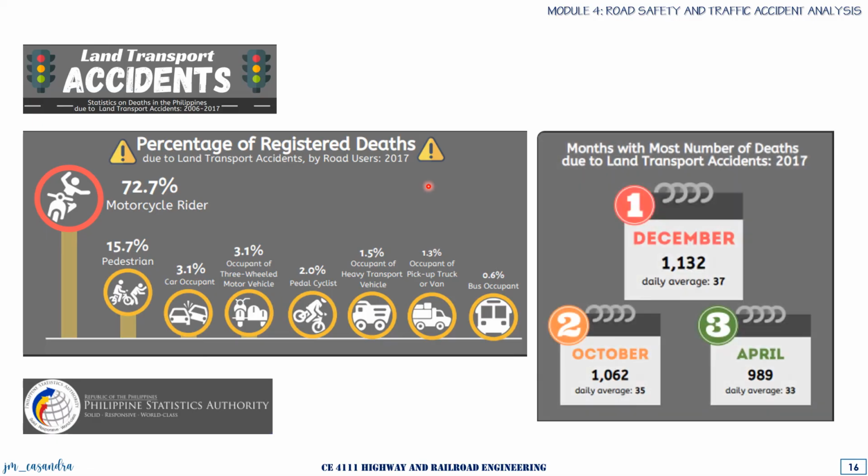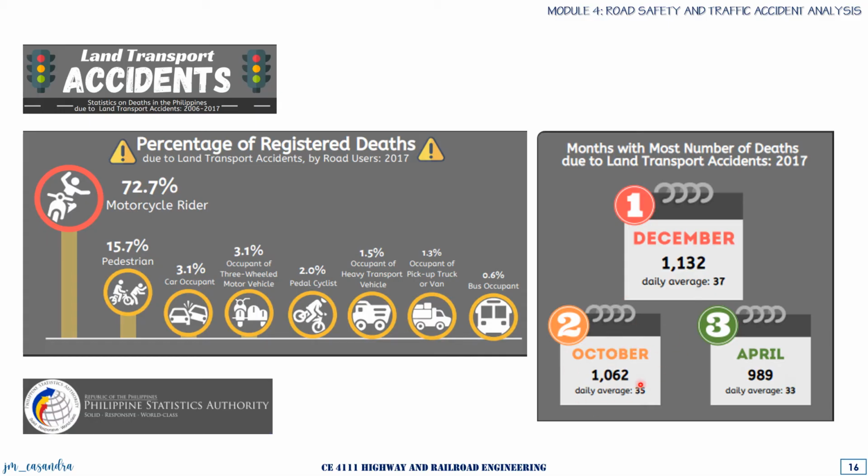Okay? So, still under the statistics of PSA, the most number of deaths in 2017 would be during December, October, and April. So basically, this is possible since December is a time where people would be traveling back and forth to their provinces to celebrate the holidays.